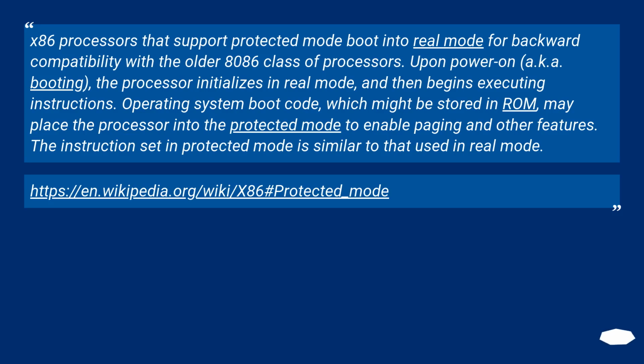Upon power on, aka booting, the processor initializes in real mode, and then begins executing instructions. Operating system boot code, which might be stored in ROM, may place the processor into protected mode to enable paging and other features. The instruction set in protected mode is similar to that used in real mode.